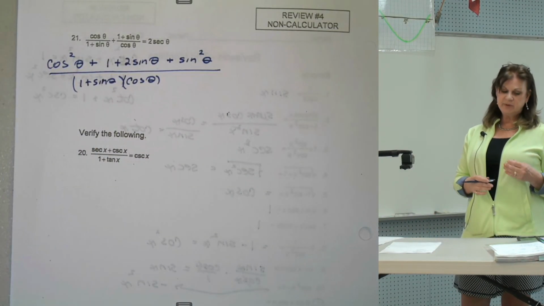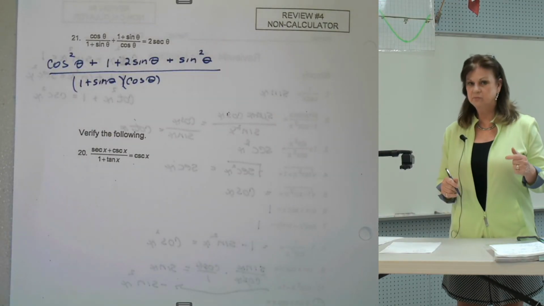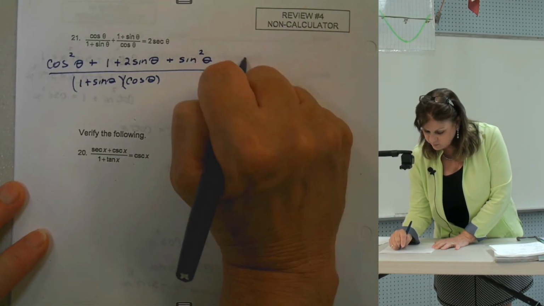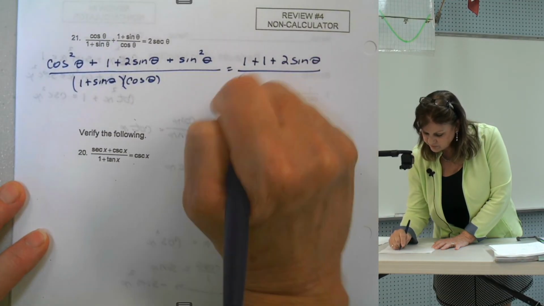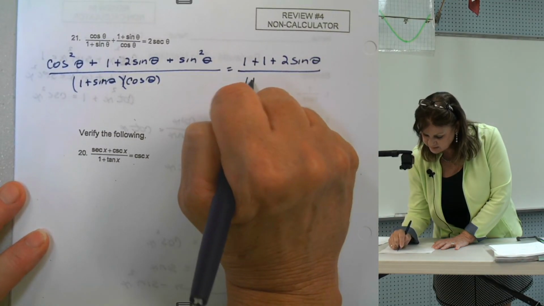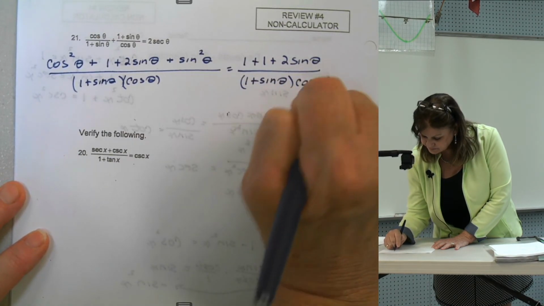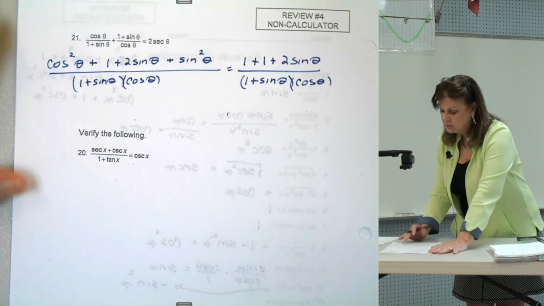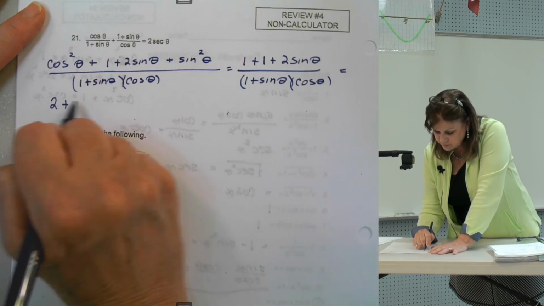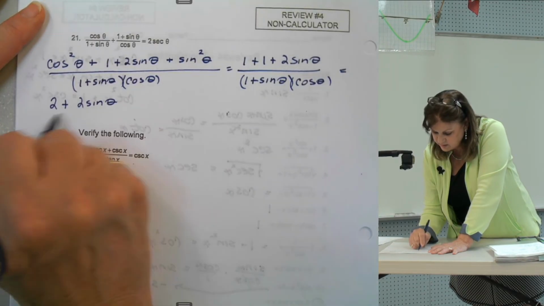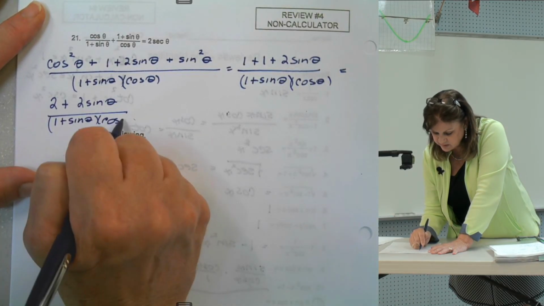Well, again, you should be able to see the cosine squared plus sine squared is 1, right? So now I've got 1 plus 2 sine theta over 1 plus sine theta times cosine theta. So that's going to give me 2 plus 2 sine theta over 1 plus sine theta cosine theta.